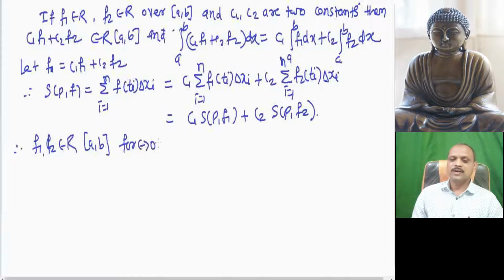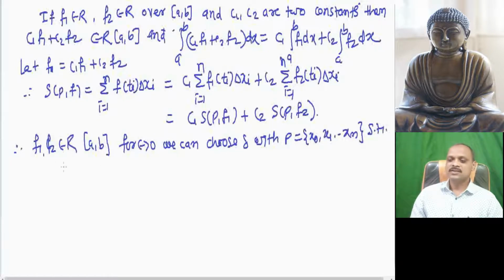Therefore, for epsilon greater than 0, we can choose delta with the partition P, x0 to xn, such that mu of P is less than delta and S(P, f1) minus the integration of f1 between the limits a to b is less than epsilon.